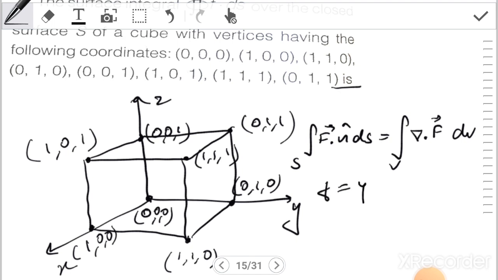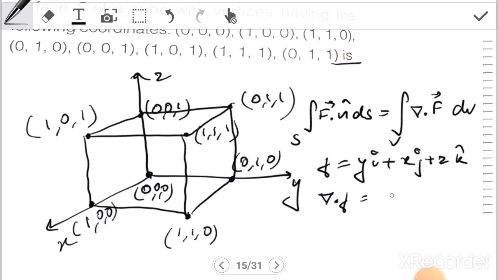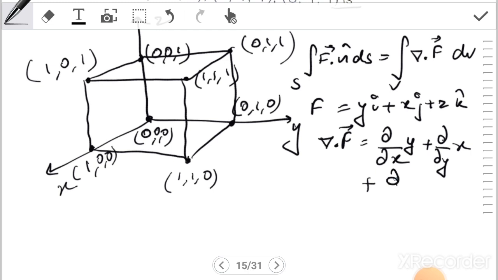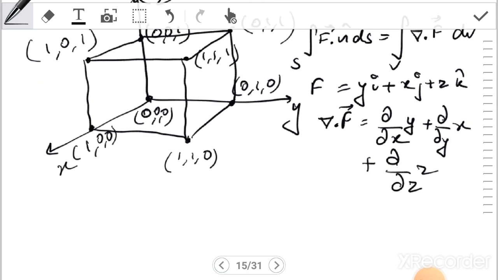Let us find the divergence of f. We have f here as yi plus xj plus zk. So del dot f is del by del x of y plus del by del y of x plus del by del z of z, which is 0 plus 0 plus 1, that is 1.